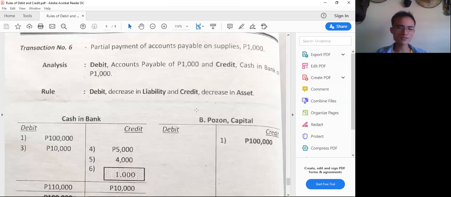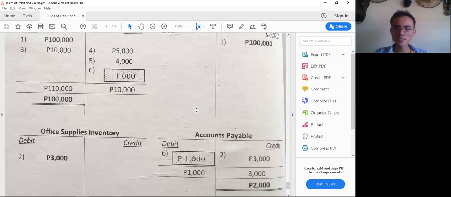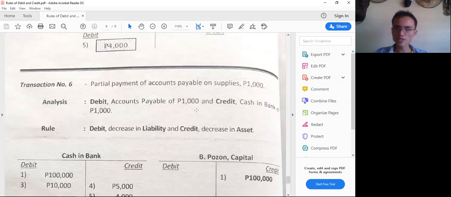We only have 6 transactions. There can be more in the applications, but hopefully you'll be able to recall the concept. As a close, I would suggest that to be able to remember everything, go back to the summary, and know which accounts have normal balances on either debit or credit.